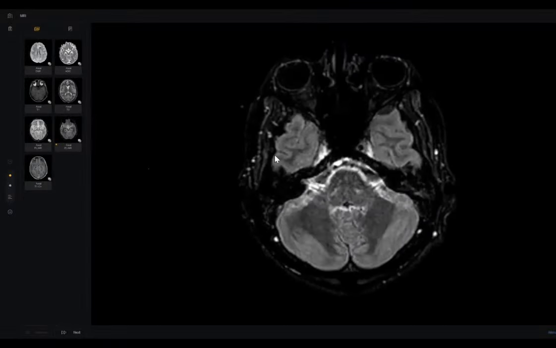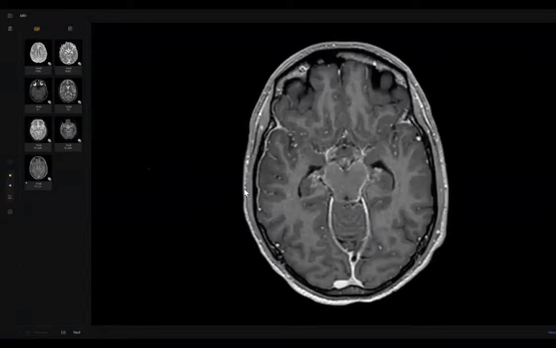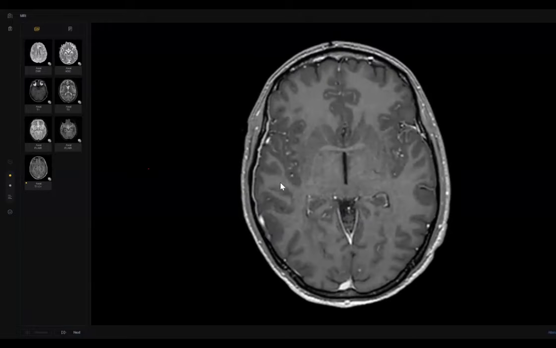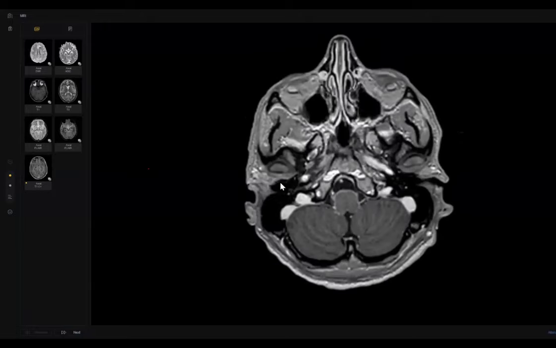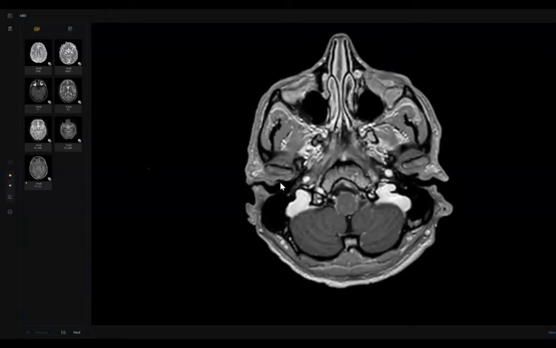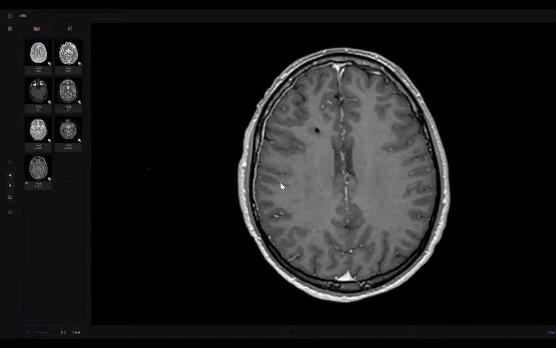Okay. Because I'm a very kind examiner, I will give you this one. What do you think? Post contrast. Yes. There is diffuse leptomeningeal enhancement. What's your diagnosis?